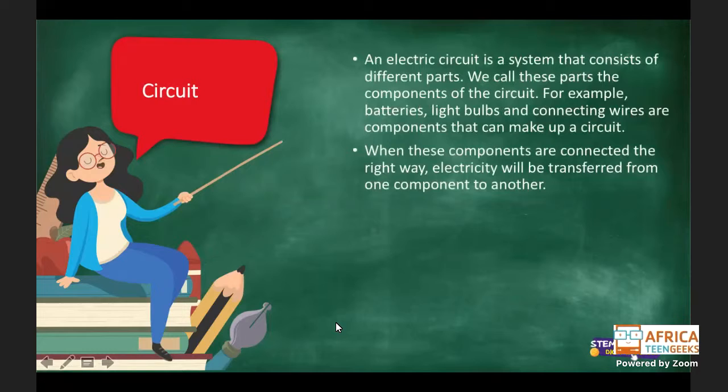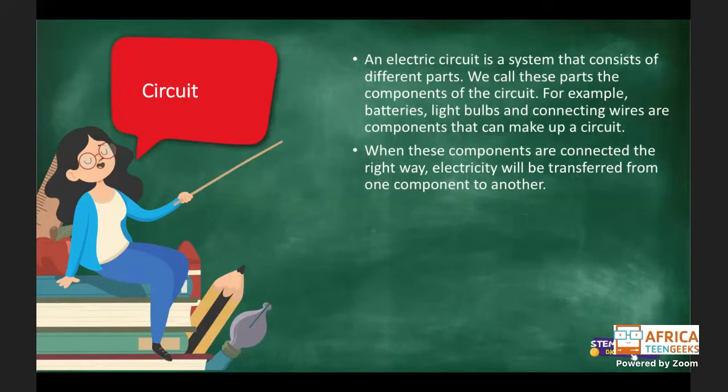Most of you know we did a lesson on circuits and we also did a lesson on batteries, right? An electrical circuit is a system that consists of different parts. I am going to show you two pictures of how an electrical circuit or an electrical diagram works. We call these parts the components of the circuit.